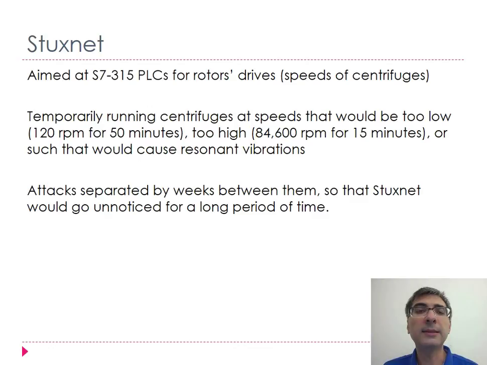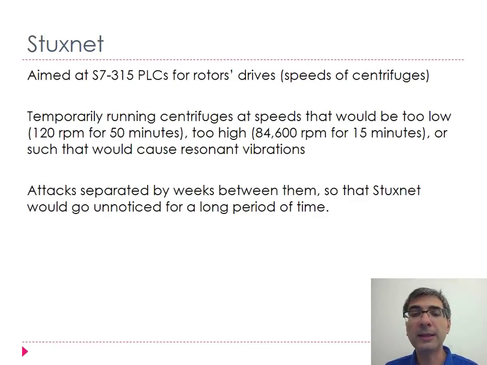It would temporarily run the centrifuges at speeds very different from the standard ones, either too low, at 120 rotations per minute for 50 minutes, or too high, 84,600 rotations per minute for 15 minutes. Or it would go through speeds in a way that caused resonant vibrations, which would gradually create physical damage to the centrifuges.